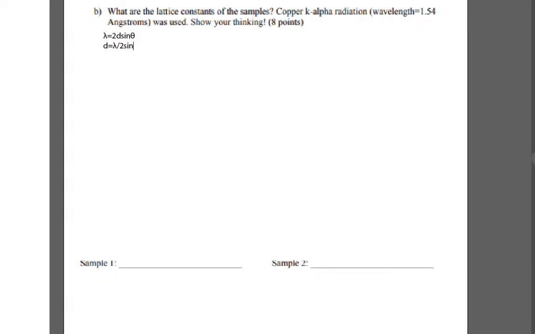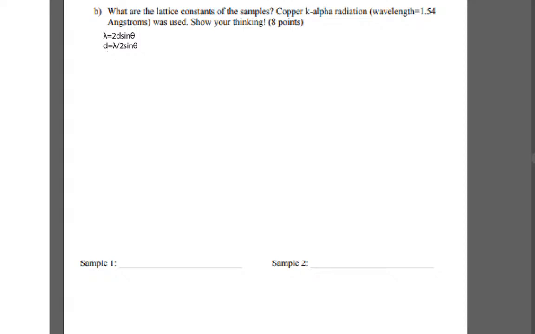It doesn't allow me to do that. So yeah, sine theta, there we go. Okay, we can just plug in the number.